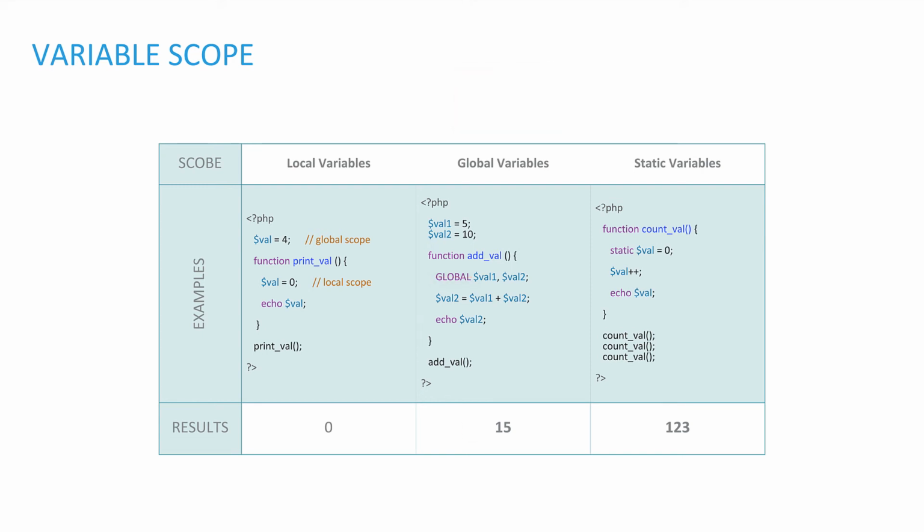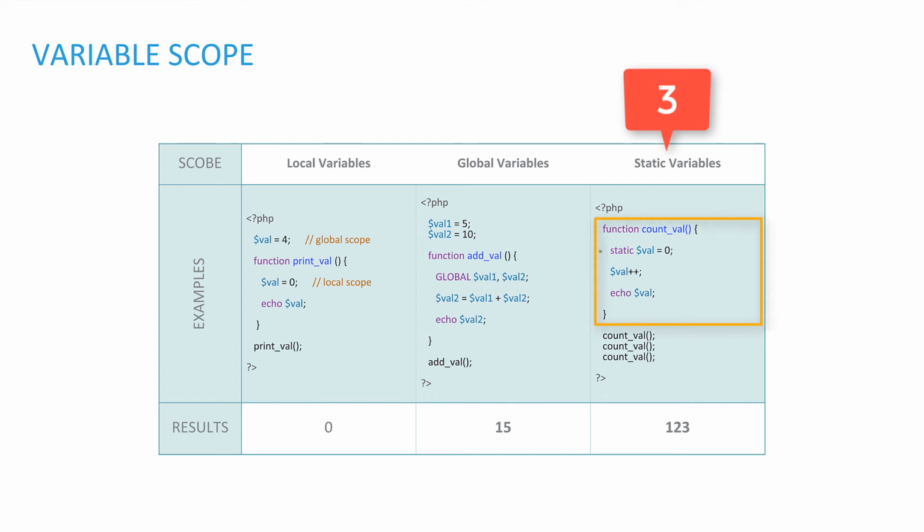The last type is the static variables. When a function is completed, all of its variables are typically deleted. However, sometimes you want a local variable not to be deleted. To do this, you need to use the static keyword when you declare the variable. Then each time the function is called, that variable will still have the information it contained from the last time the function was called. And that is what happens inside the following example.